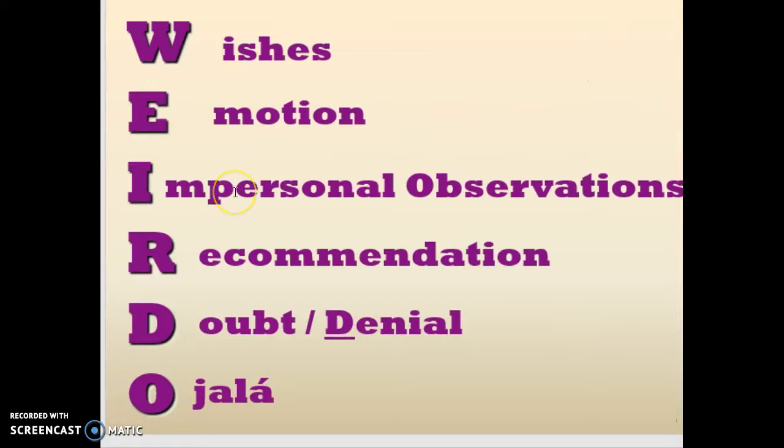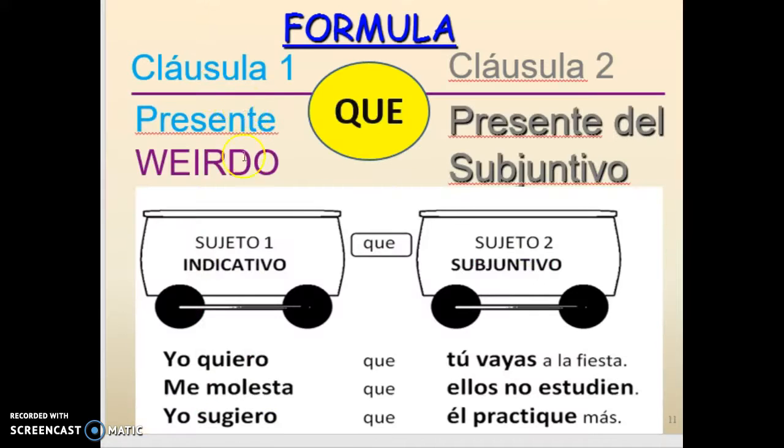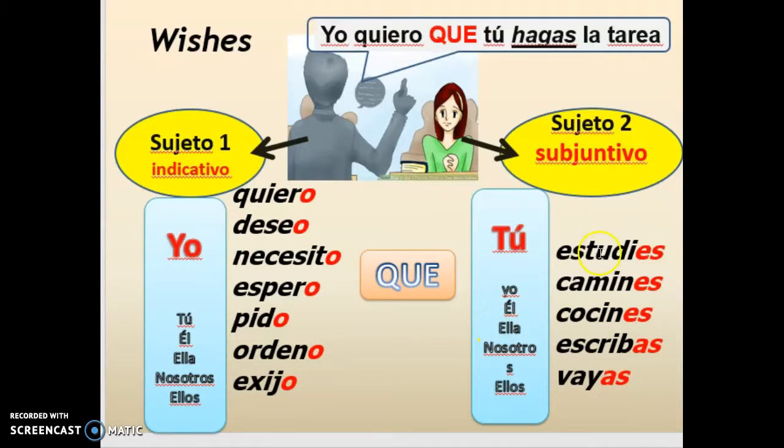Is my I? Is my R? So all the weirdo parts could go on that first box, and then on your second box you will be looking carefully at your subjects just like here, and then whatever the verb that you need to conjugate. So on the first box, if anything, just look at what uses you have there of the subjunctive so that then you determine whether this second part is going to be subjunctive or not.